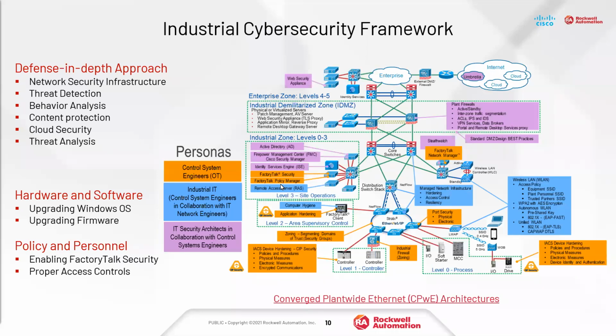If you're interested in that, we can go into a much deeper dive on how we would implement it. But just to start off with, the ability of turning on FactoryTalk security and a lot of the different security features that are already available in ControlLogix, in the hardware, in the software, it's just a mechanism of turning them on. Sometimes as easy as checking the box.